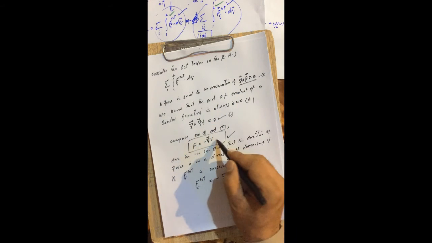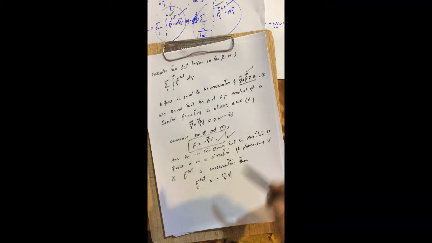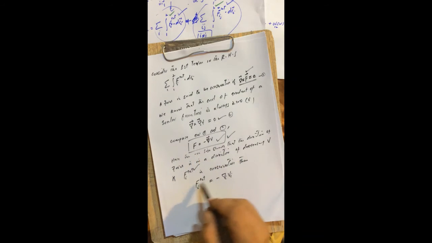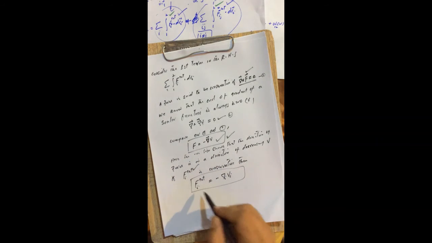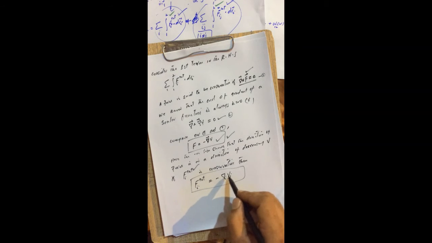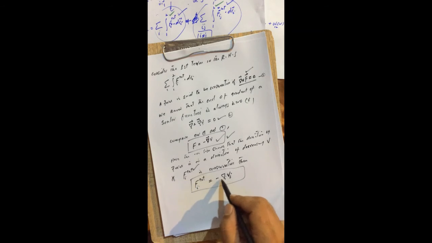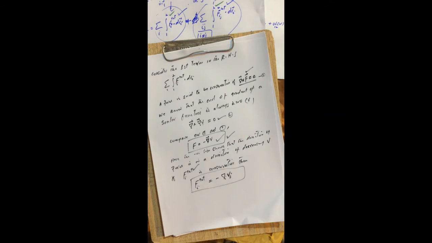Now the external force we also consider to be conservative, so we get a similar expression: the external force on the ith particle is equal to the negative gradient of the potential of the ith particle.